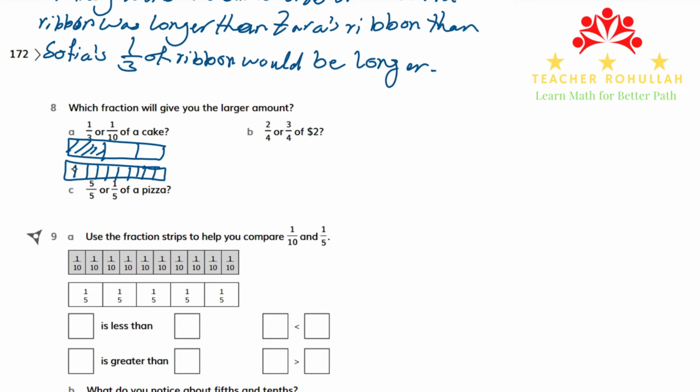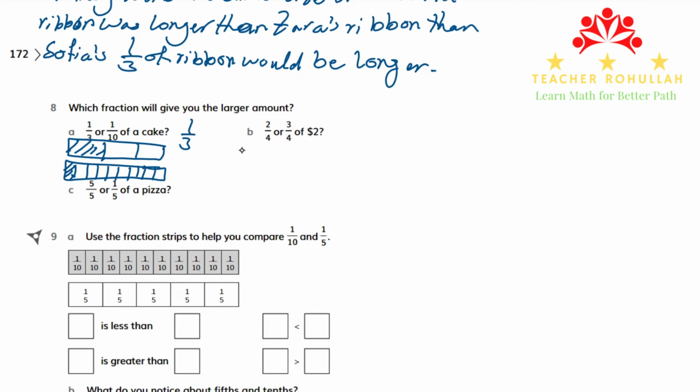This shows 1/3 of the cake and this shows 1/10 of the cake. Now, which one is bigger or giving us a larger amount? This for sure is 1/3. 1/3 gives us a larger amount.